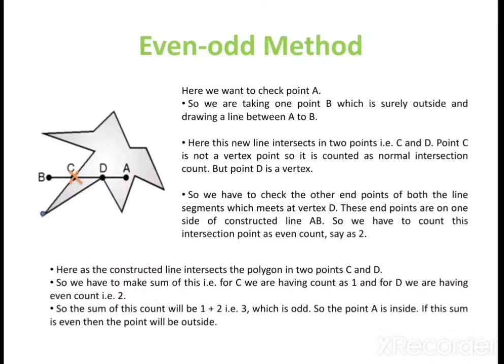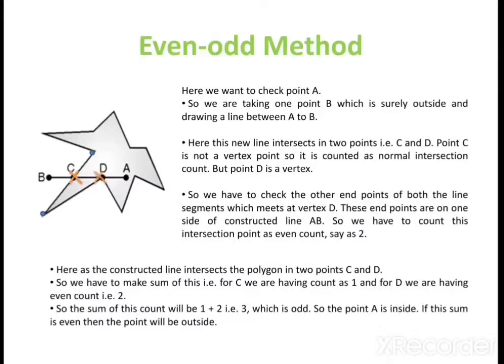C is one intersection point, but this point is intersecting the edge of the polygon, right. So there is no need to consider it as a vertex of the polygon, or to calculate the other endpoints of the line passing through that vertex.